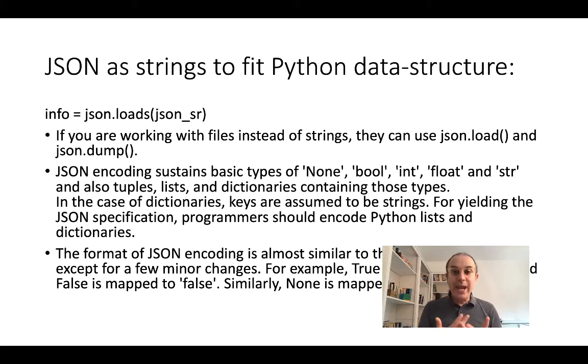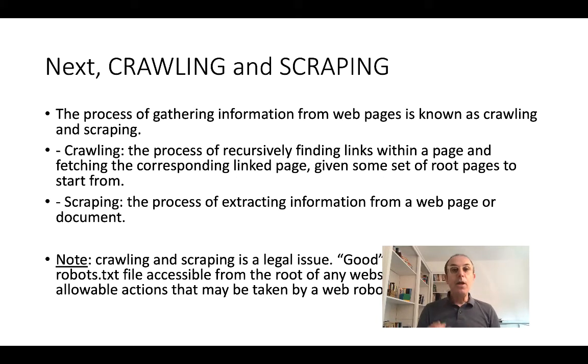Those are the important things when we are reading a JavaScript data structure. The format of JSON encoding is almost similar to Python syntax, except for a few minor changes. For example, true maps to True, false maps to False, and null maps to None.